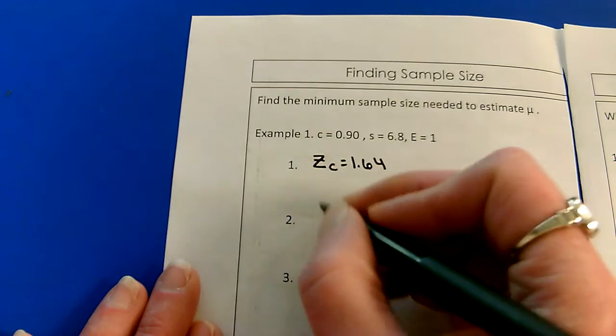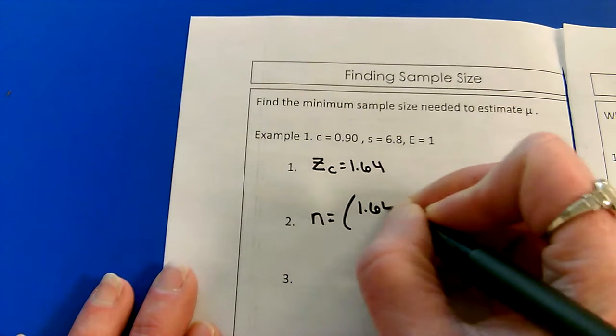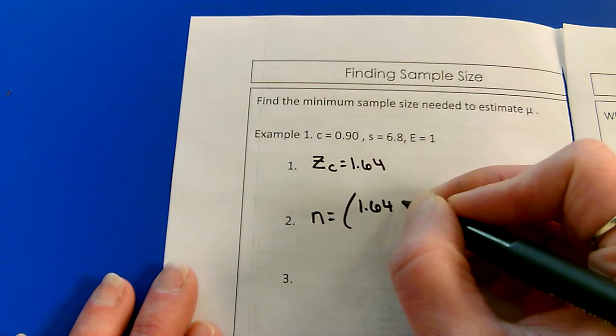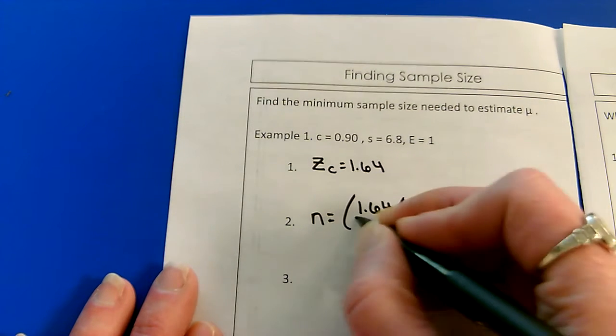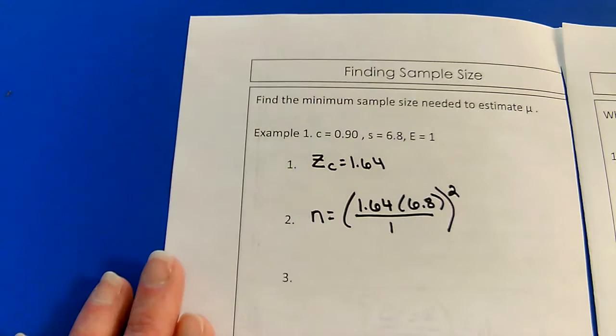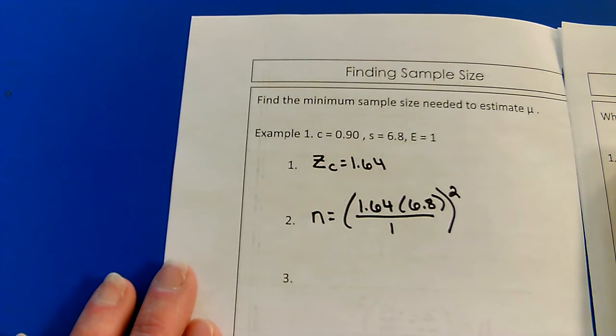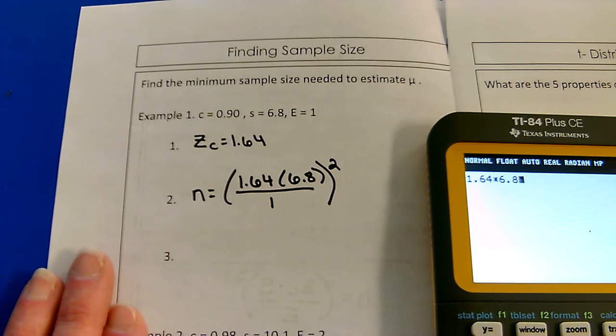And I know everything else. So the z-score times 6.8 divided by the error, squared. You can do this as one fraction or as two steps. I'm going to do it 1.64 times 6.8 divided by 1 and then square the answer.